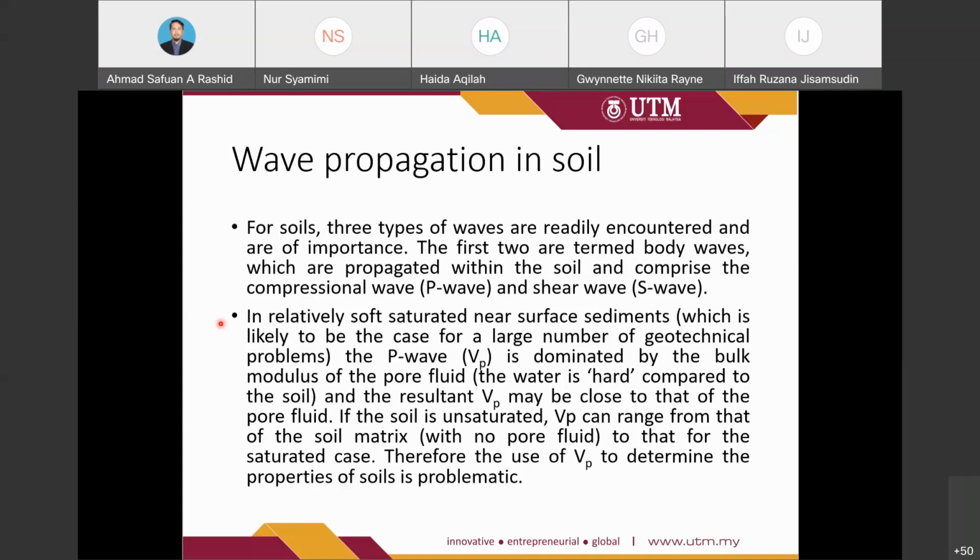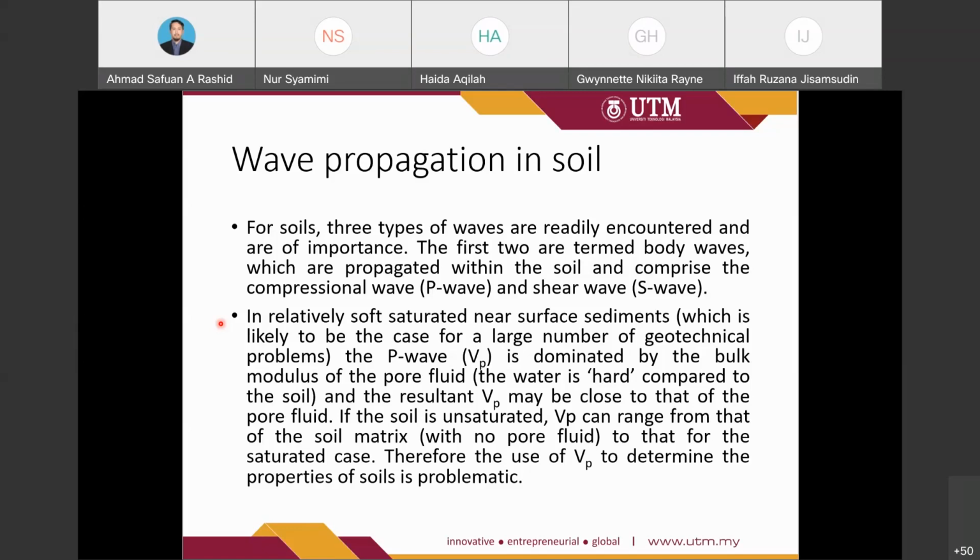However, if the soil is unsaturated, where the pores or voids are not filled with water, VP can range from that of the soil matrix with no pore fluid to that for the saturated case.